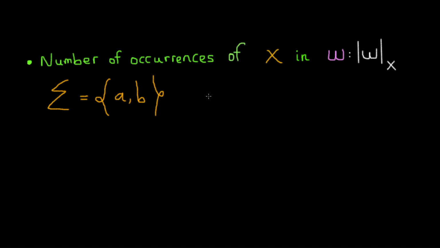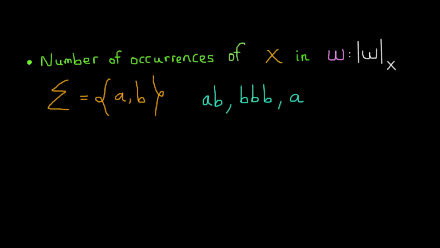Some of these words could be, for instance, the word AB, also the word BBB, and for instance another one could be the word A. Now, if we want to compute the number of occurrences of the word A in the word AB, how would we do it?